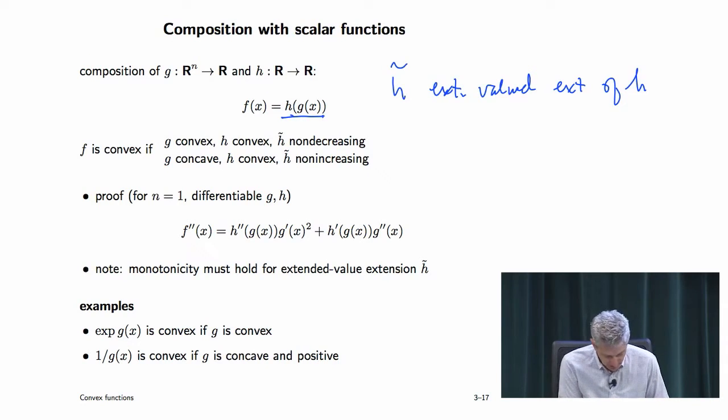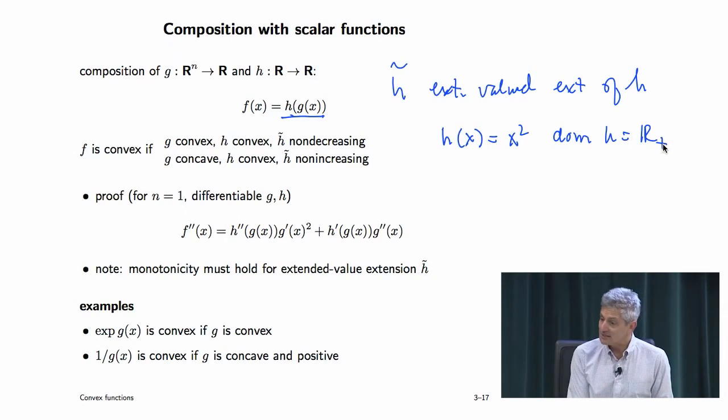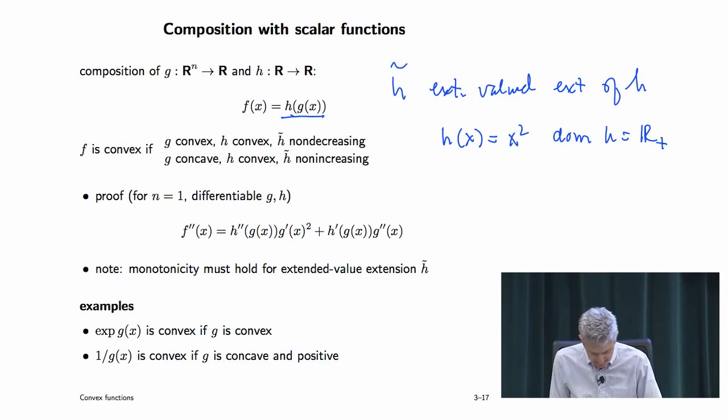Let's take h of x equals x squared with dom h equals R plus. Now, you would normally say that function is non-decreasing, it's increasing. If you take any two points on its domain, which is the non-negative numbers, one is bigger than the other, then its square is bigger, period. So that's an increasing function. But that won't work here, because h tilde looks like this.